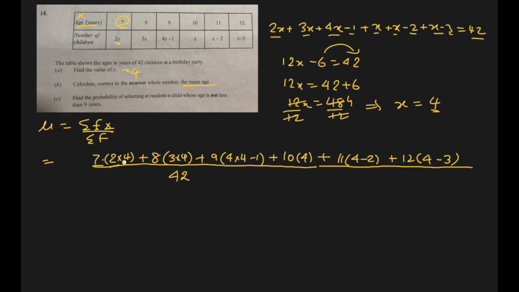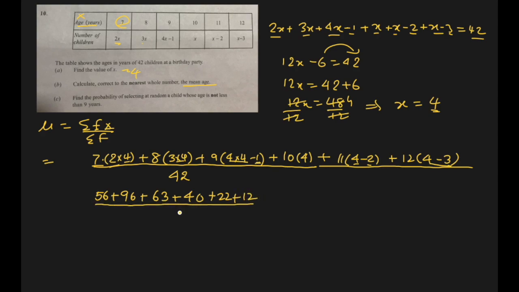So 14 times 4 is 56. 12 times 8 is 96. 8 minus 1 is 7, 7 times 9 is 63. 40. 4 minus 2 is 2, times 11 is 22. And then we have just 1 here, so 12. Divide by 42.